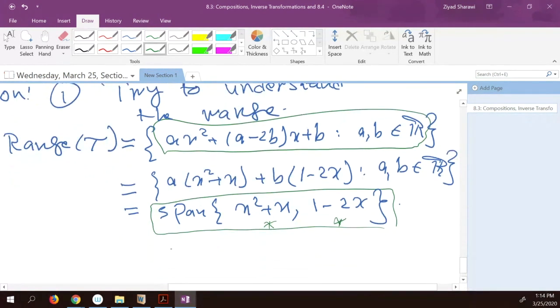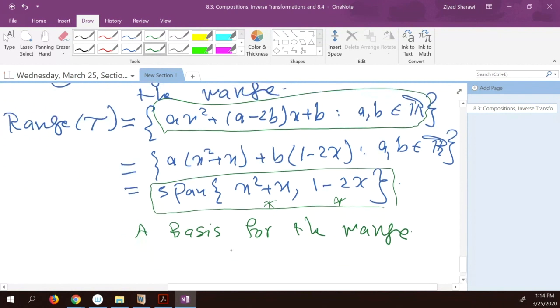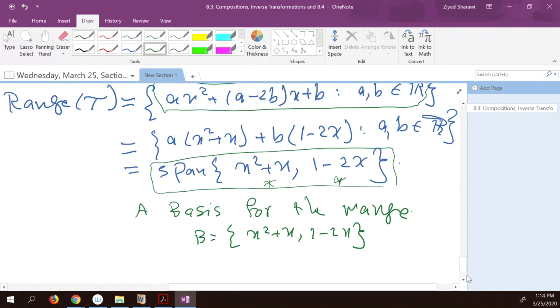So here you can see bases for the range. So here you can see this is your basis for the range, or a basis for the range, correct? Zaid, is it more clear now?